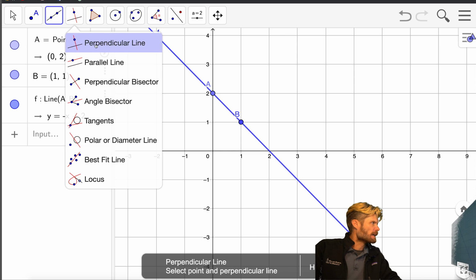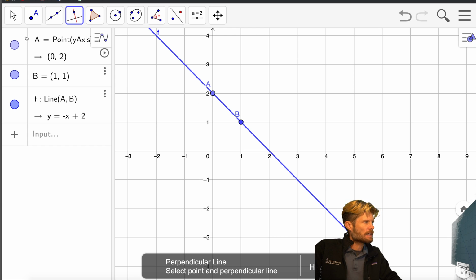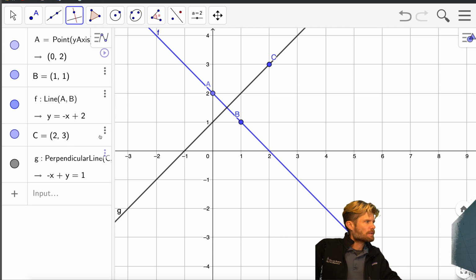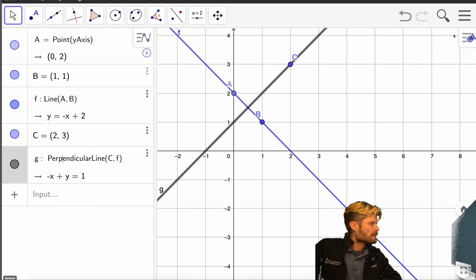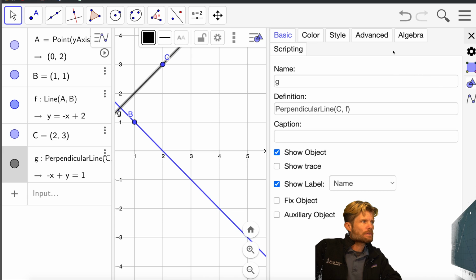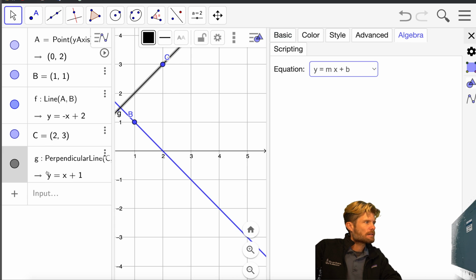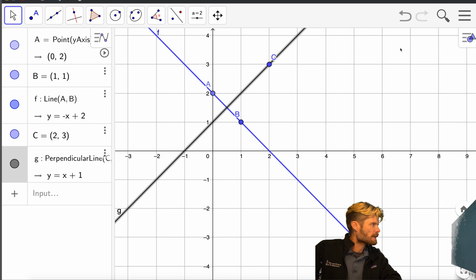And let's make a perpendicular line. Let's put a point, how about here, through this point right there. Now, this is perpendicular through point C. Let's change this into y equals mx plus b form now.